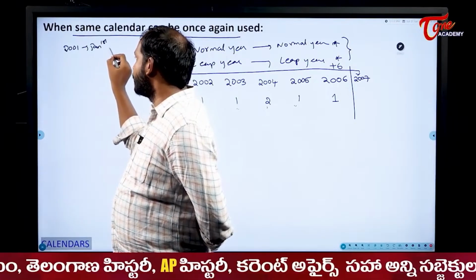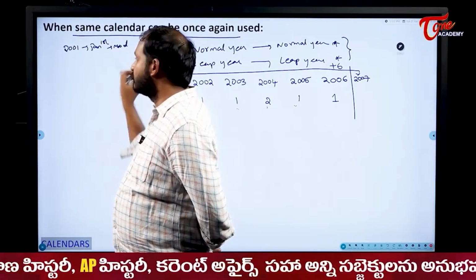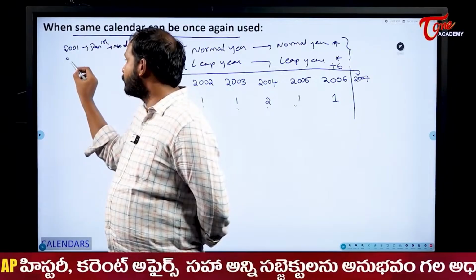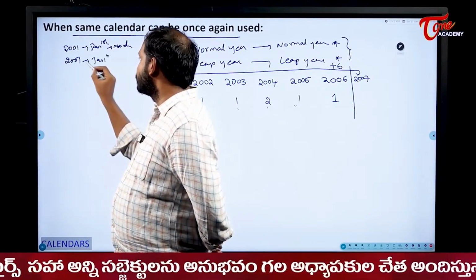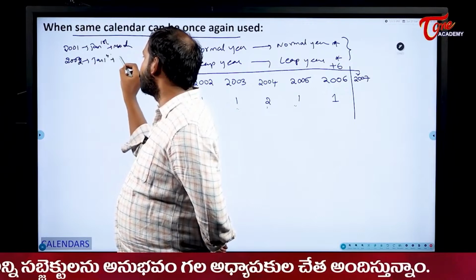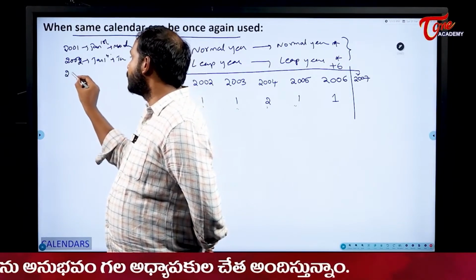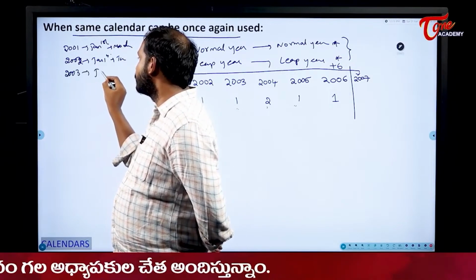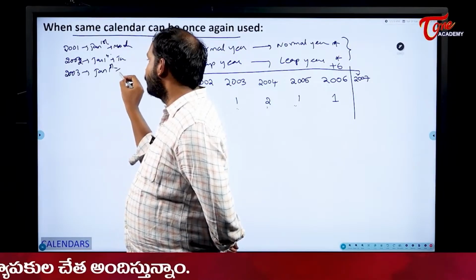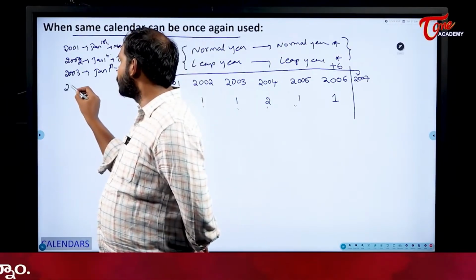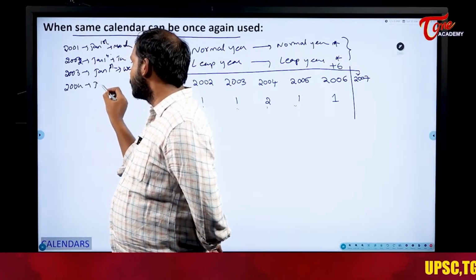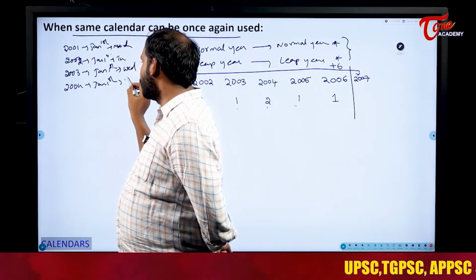Jan 1st is a Monday. Next, what will happen? 2002 Jan 1st, it will become Tuesday. 2003 Jan 1st, it will become Wednesday. Next, 2004 Jan 1st will become Thursday. Only 1 day jump. Why?